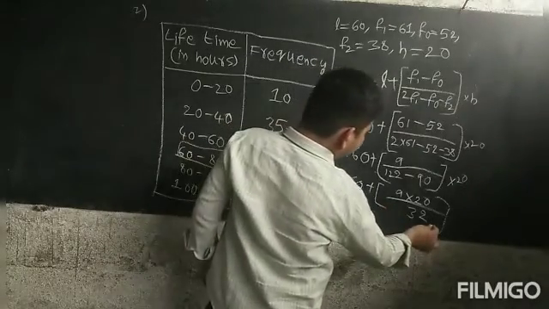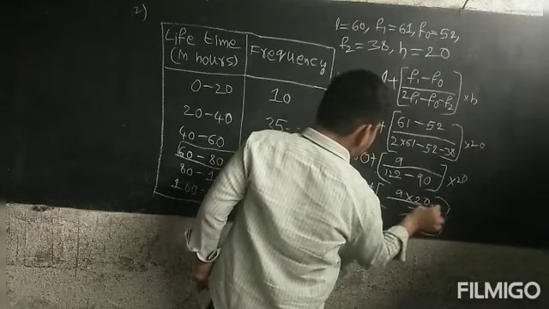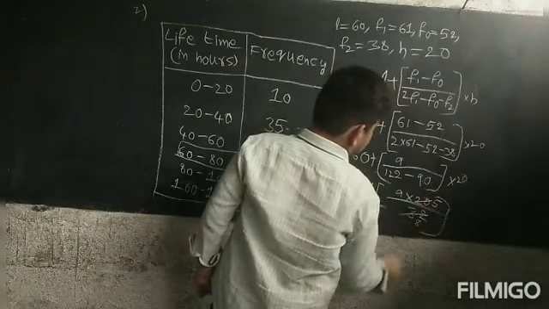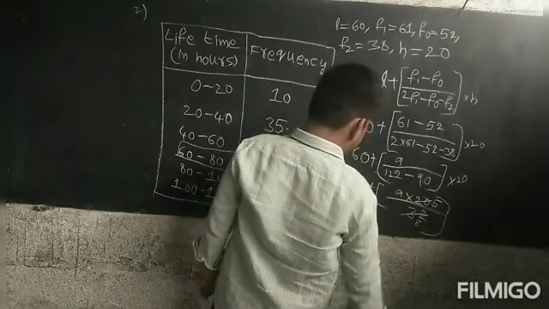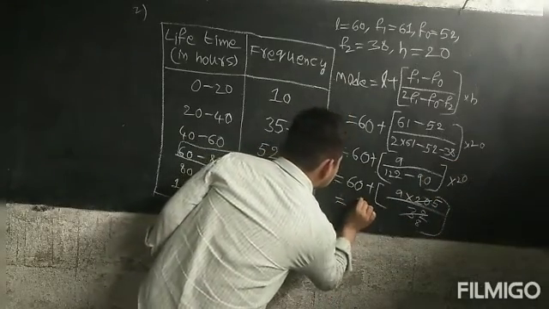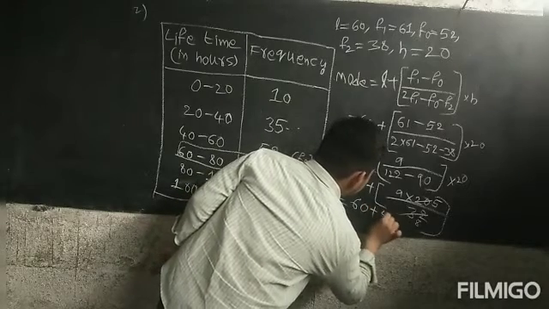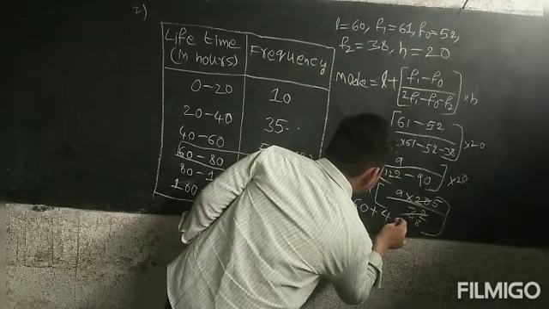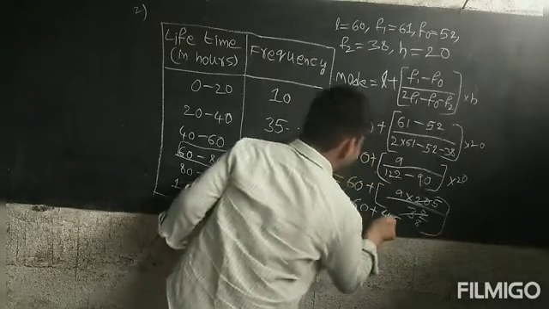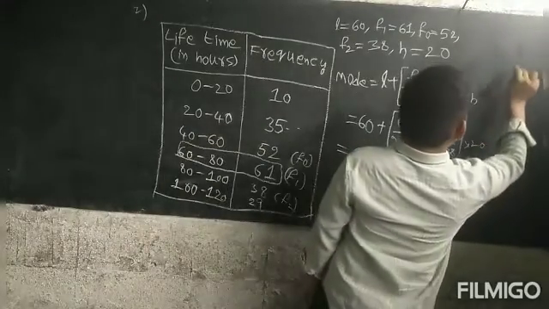Simplify with 4: 4 into 5 is 20, 4 into 8 is 32. So 9 into 5 is 45. So 60 plus 45 by 8. Now 45 divided by 8.